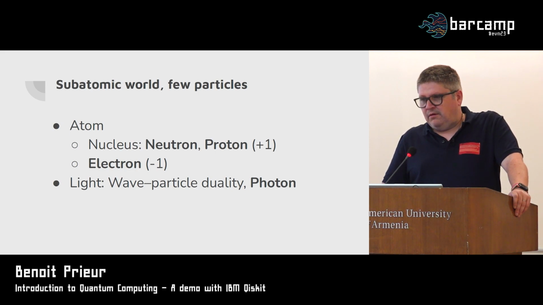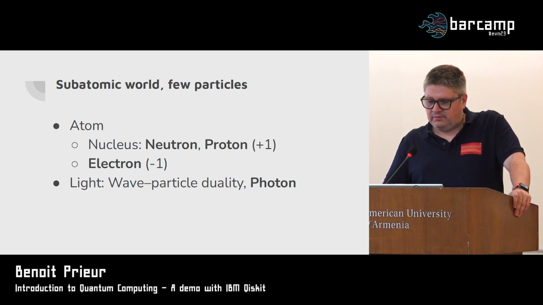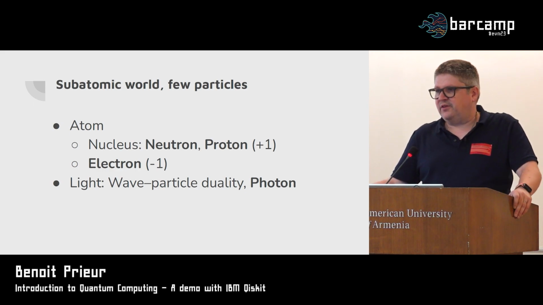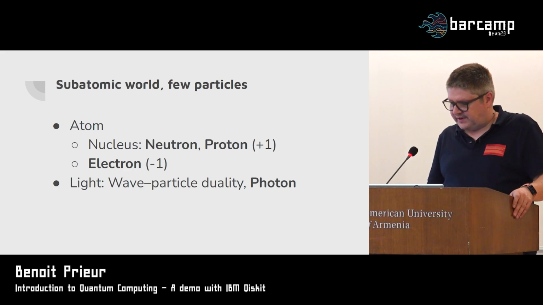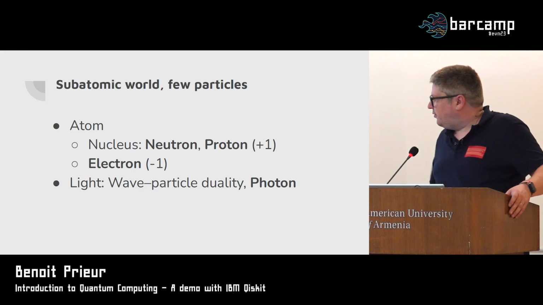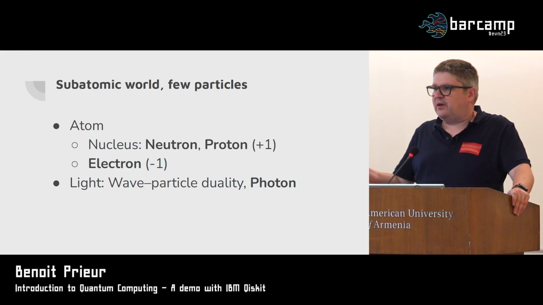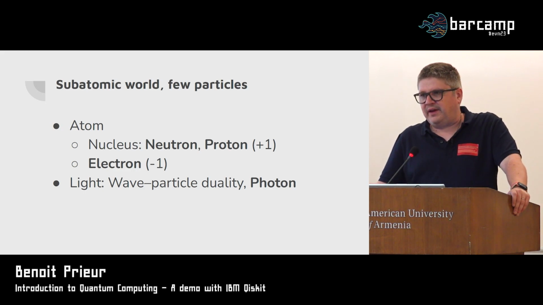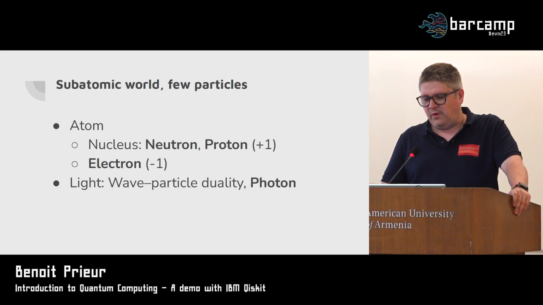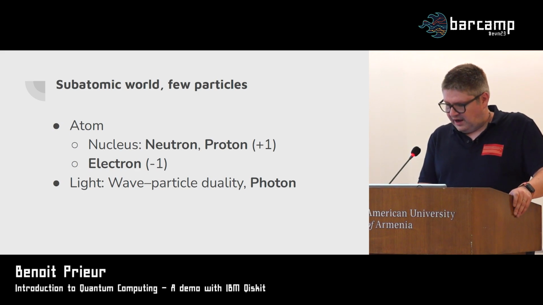And quite a large part of the attempts to build a real quantum computer is based on photons. So it's the reason I precise that here. And I wrote wave-particle duality because there are two aspects in the light. An aspect wave, but it's not exclusively wave. It's also matter, particles, and these particles are photons.